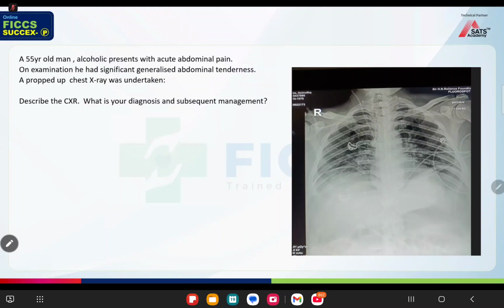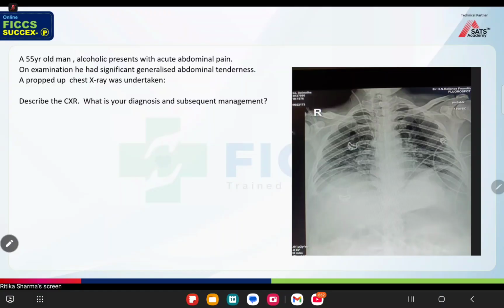Yes, ma'am. A 55-year-old man, alcoholic, presents with acute abdominal pain. On examination, he had significant generalized abdominal tenderness. A propped up chest X-ray was undertaken. Describe the chest X-ray. What is your diagnosis and subsequent management?